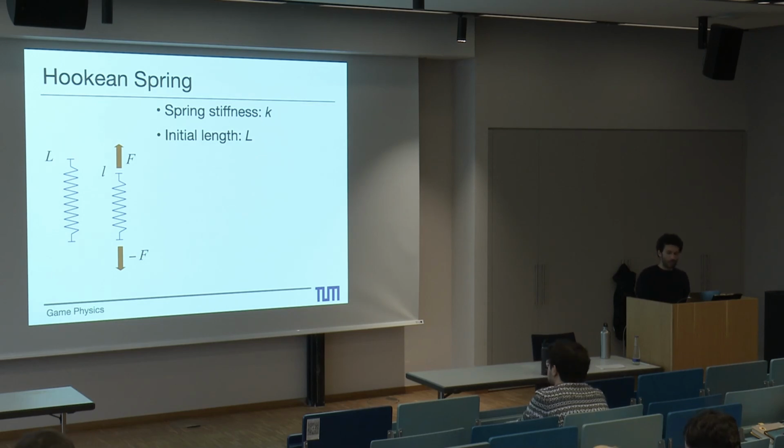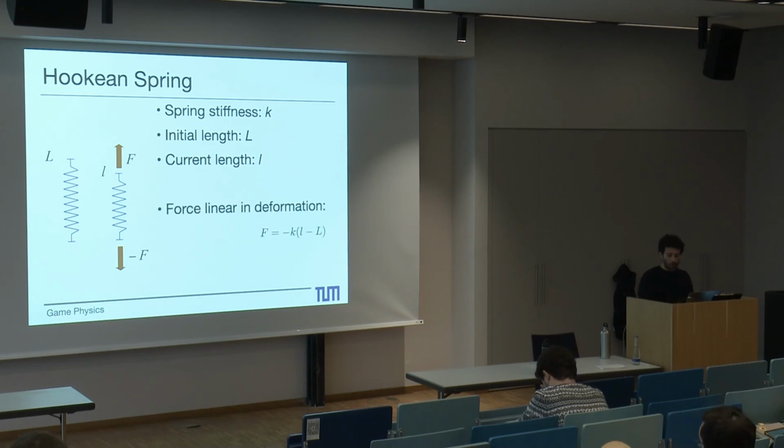Now, whenever we deform it, either by compression or by extension, we get it to a different length, which is small l. And as we mentioned, the force is linear and proportional with respect to K, with respect to the deformation. So here what you see is that the deformation is given by the current length minus the original length.